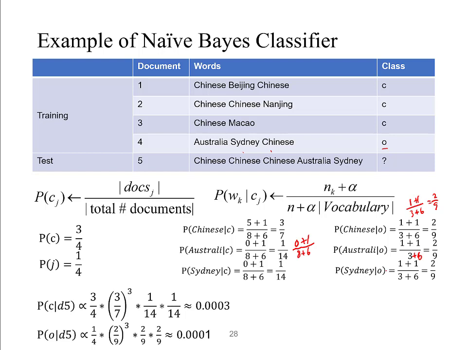Then we can compute the probability of C given D5 and O given D5. Here we're not actually computing the probability because, if you still remember, the denominator has been dropped. The denominator is the probability of D5 in this case.